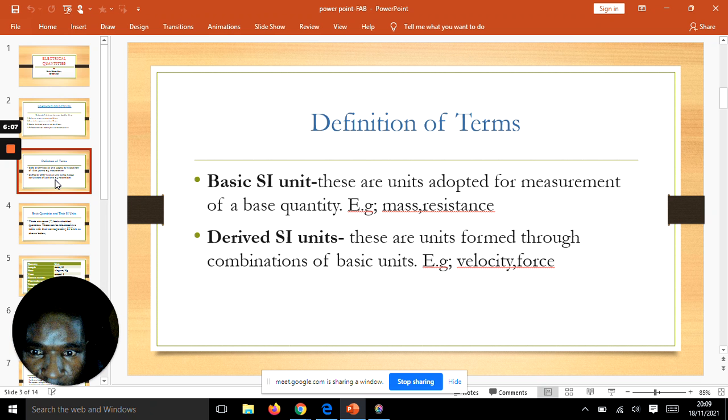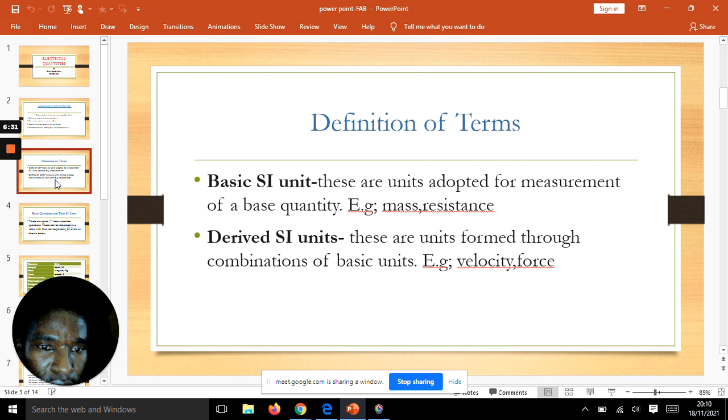When you come to derived quantities or derived SI units, we say that these are units formed through combination of the basic units. That is to say, the derived units are quantities that are derived from the basic units. An example is velocity, and another example is force.